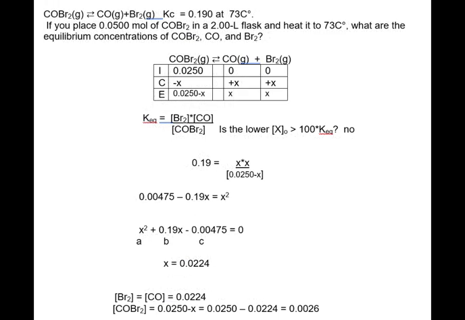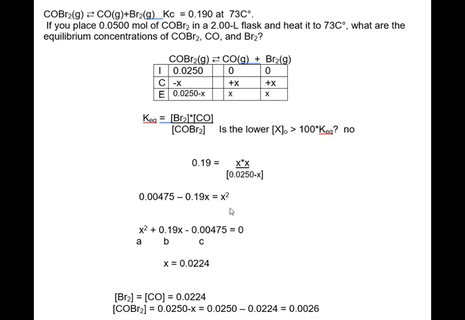Here we have a similar problem where we need to determine the equilibrium concentrations of all the species. And we are given the initial concentration of the reactant, and we proceed setting up the equilibrium constant expression and discover that we cannot ignore the x in the denominator. In other words, that loss of reactant as equilibrium is attained.